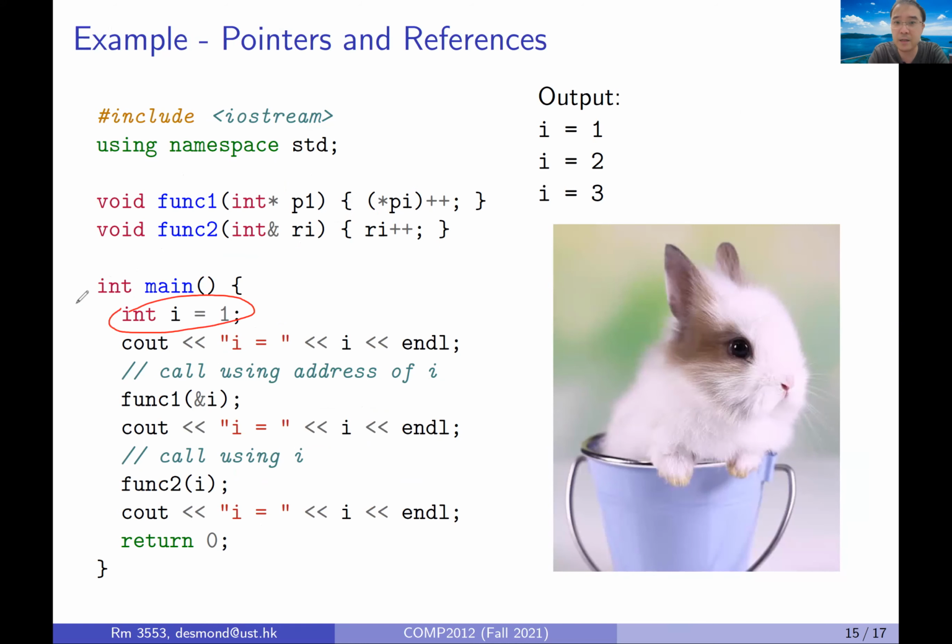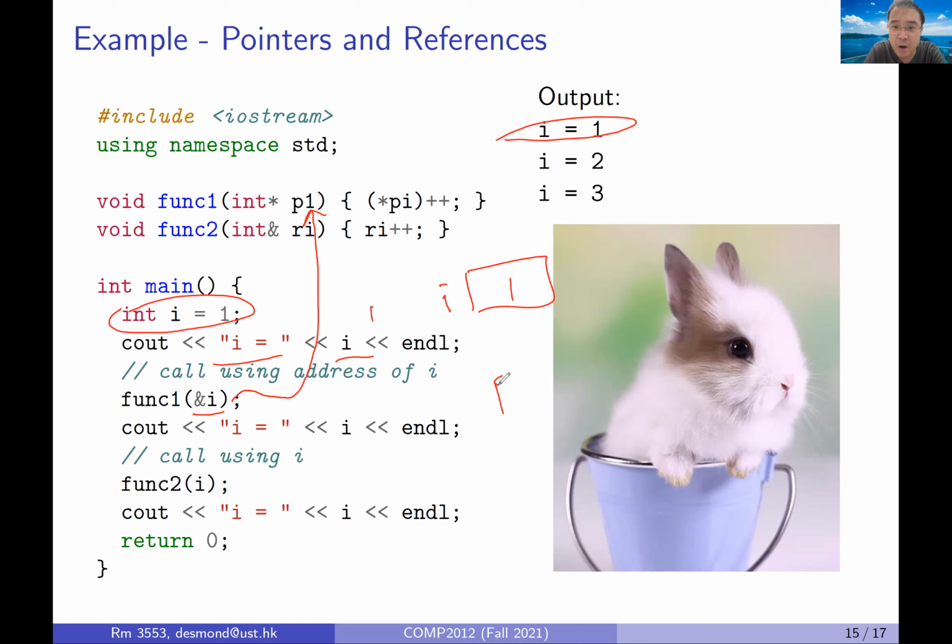Int i equal 1. Output i equal 1 here. So that's why we get this. All right, and let me grab the address of i and pass it to this guy.